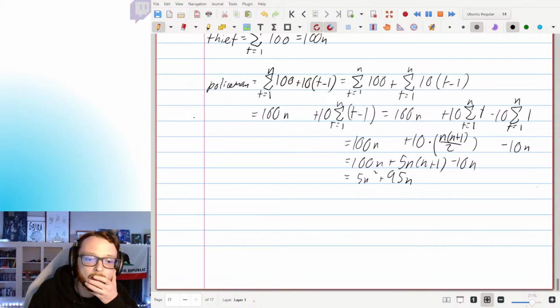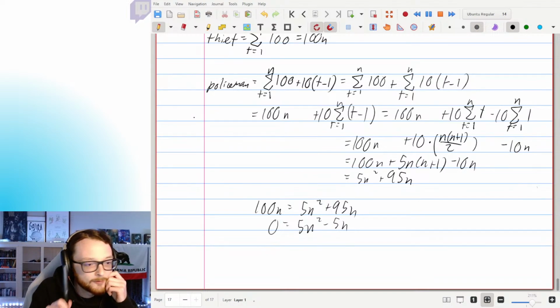There we go. Okay, so set 100n equal to 5n squared plus 90. There's no way this gets a 6. All right. When the going gets tough, the tough give up.